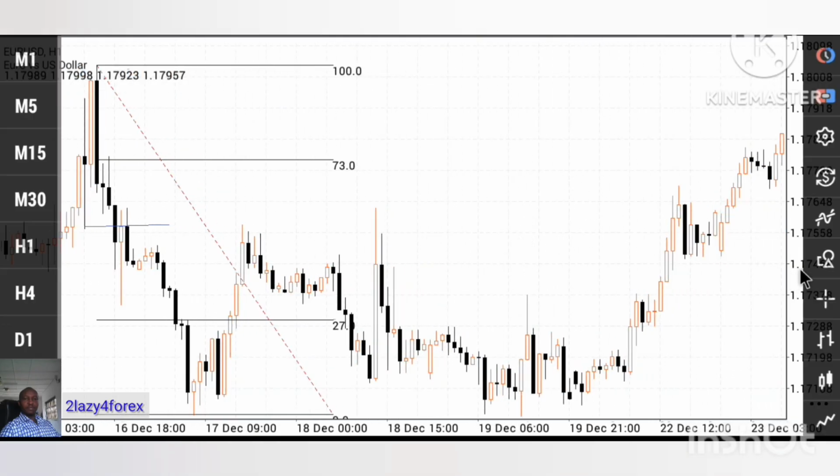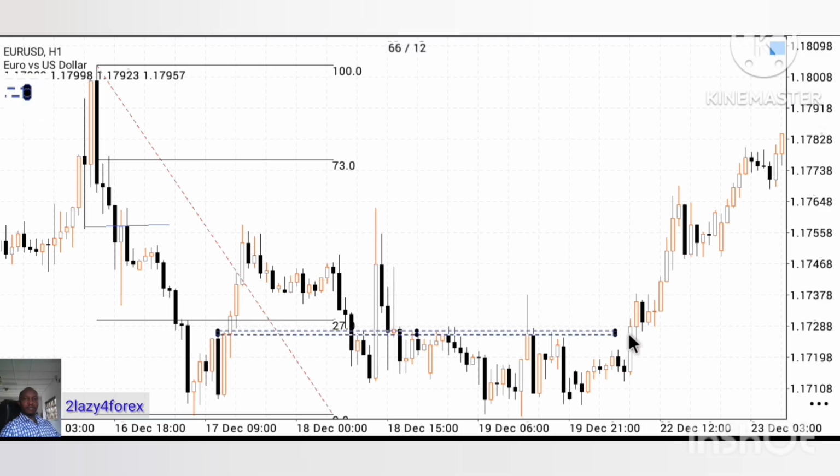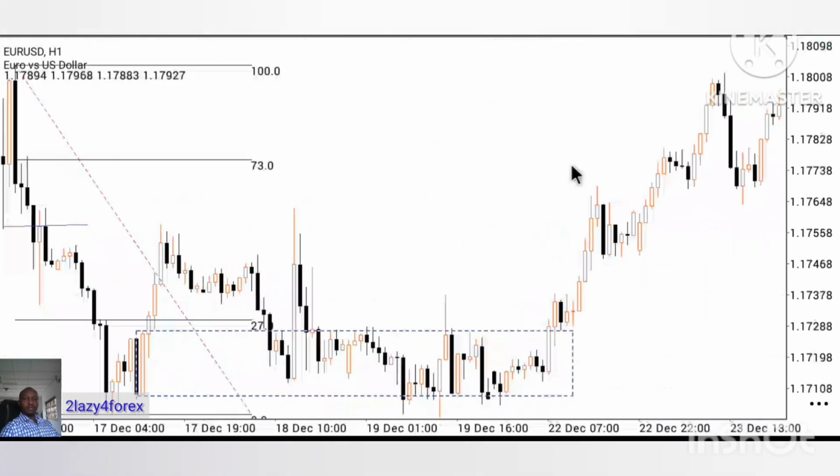Let me put a mark there. Look at it. There was a breakout. Price action now pulled back to here. Did its magic, but look at what happened. It went up straight.